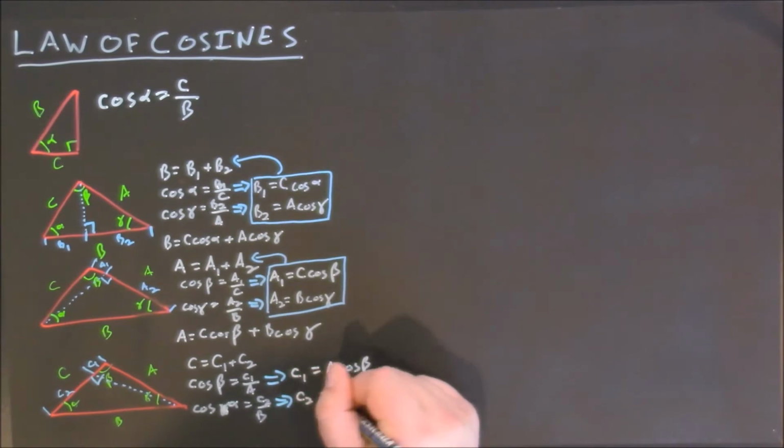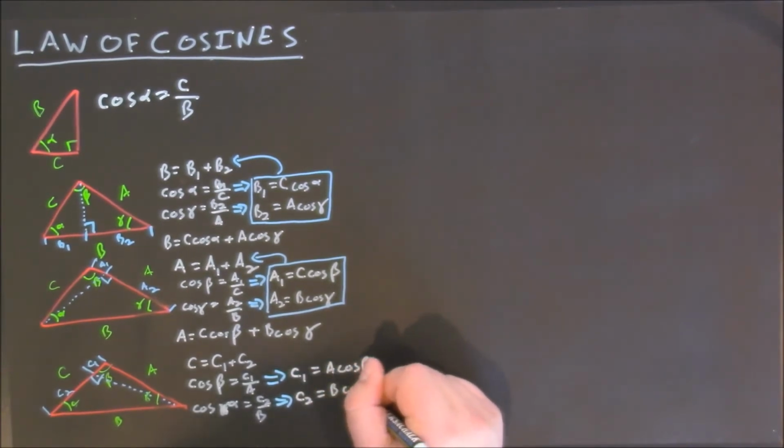And we get that C2 is equal to B cosine alpha.